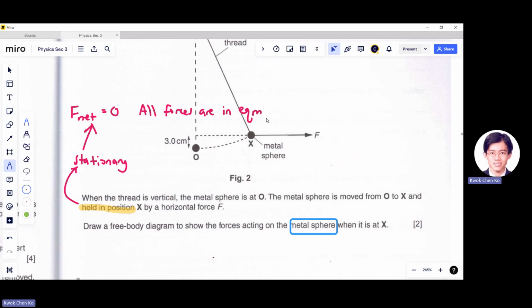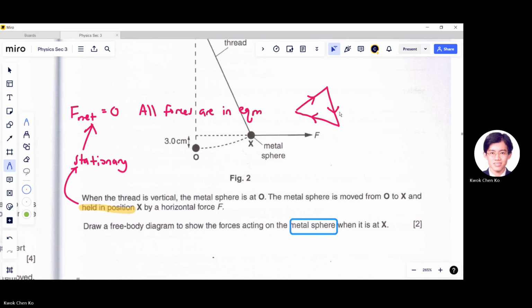Now, lastly, when all forces are in equilibrium, this also implies that if you try to draw a scale diagram, joining all the forces together, you will end up at the same starting point.